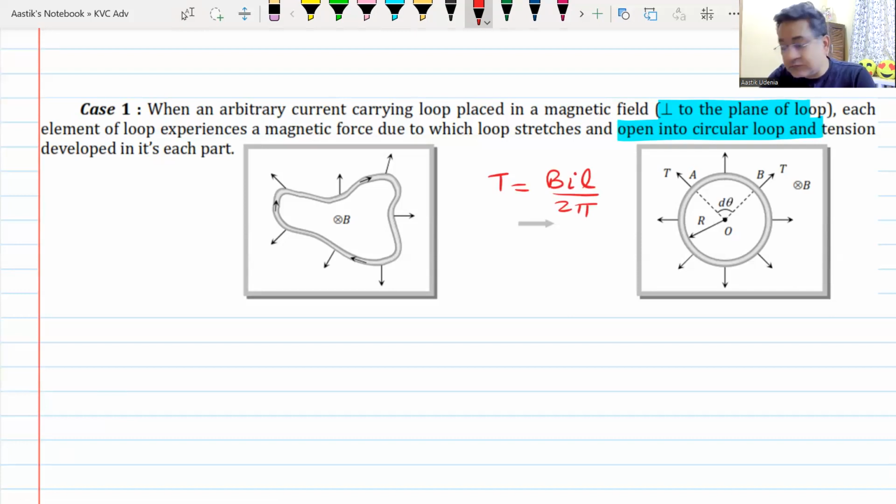Sir, B is magnetic field, I is current in the loop, L is length of the loop, and 2 pi is 2 pi. Do we understand this? Understood, sir. I'll give you 2 minutes to note this down.